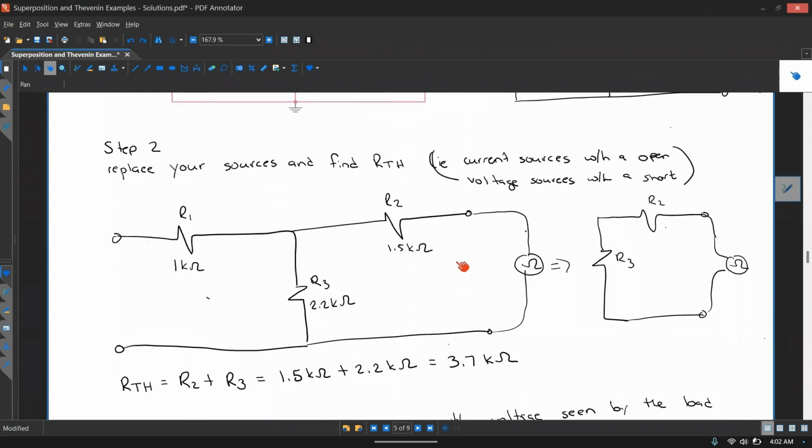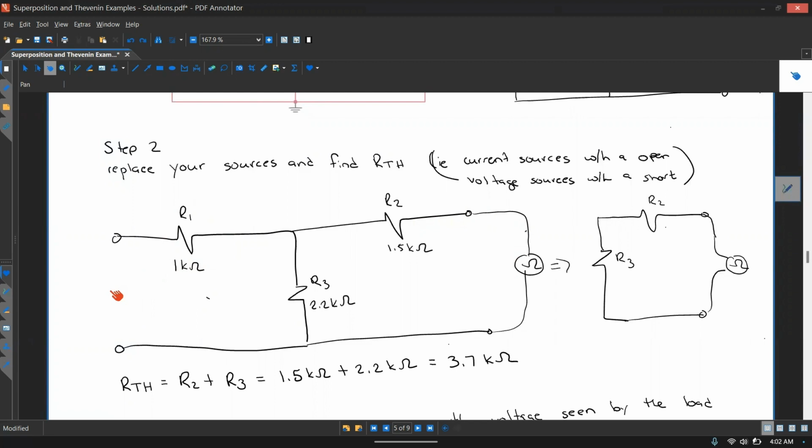Just imagine that you are putting an ohm meter right here, and you're measuring the resistance. Ask yourself, is the ohm meter going to read this resistance right here? No, it's not, because it's not connected to the rest of the circuit. You've got an open circuit right here.